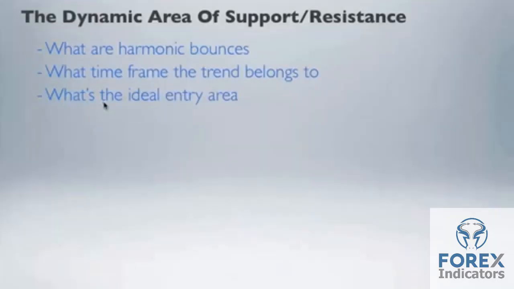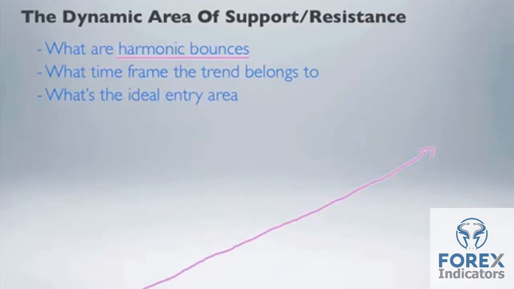Well, I guess we should start off by defining what harmonic bounces are. We just need to look into the shape of price action whenever price is trending in any given direction, either up or down, it doesn't really matter. But as you probably know, whenever price is trending, it doesn't quite do so in a straight diagonal line.